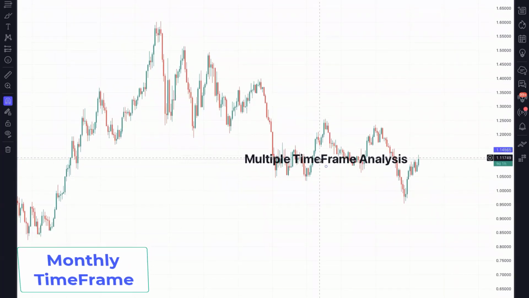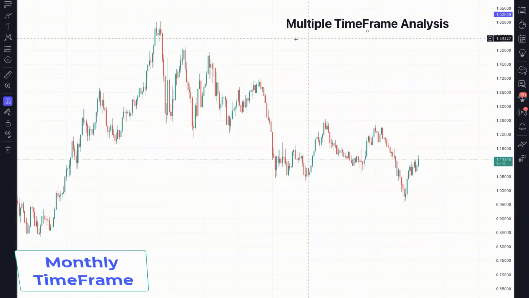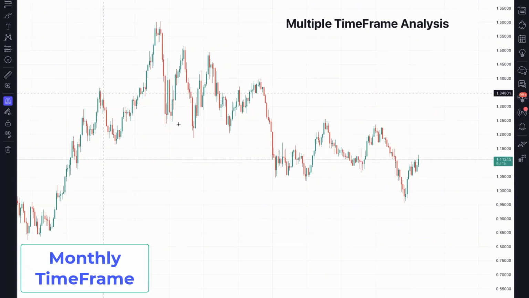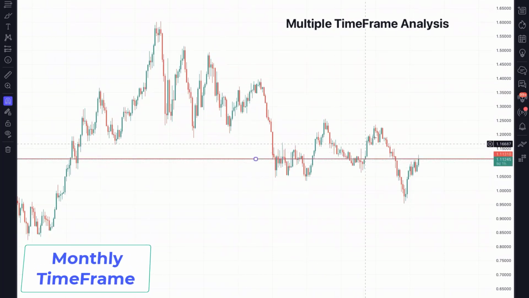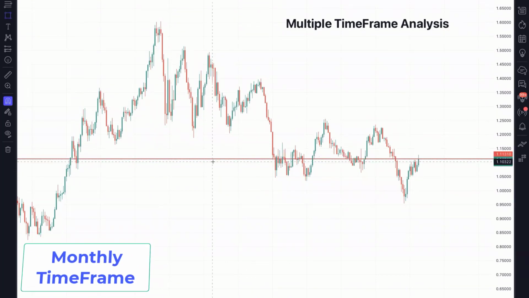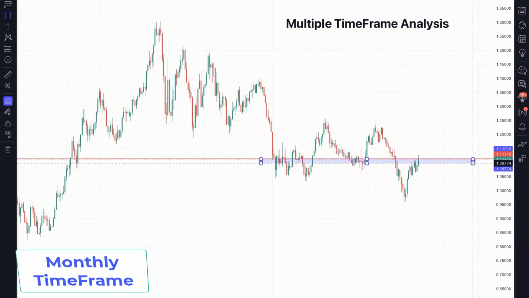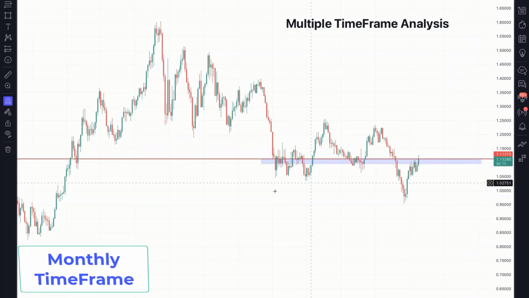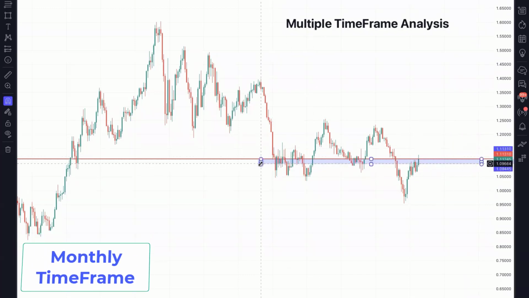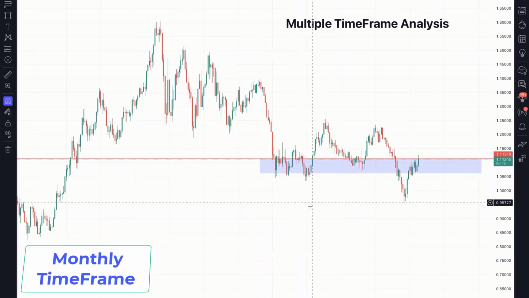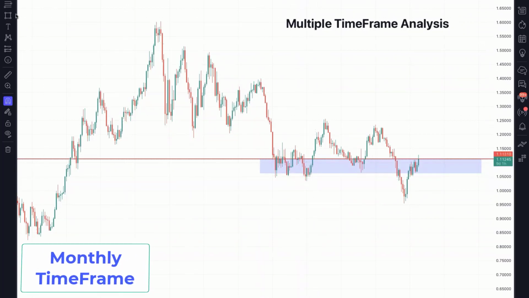If you look at it from here, you will see that this level is a sell zone. It's a level whereby price actually struggled to break out downward. What do I mean?